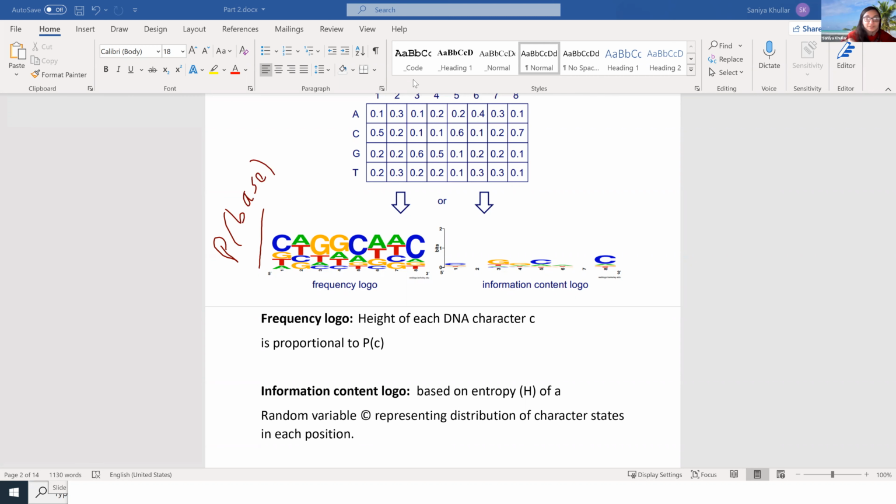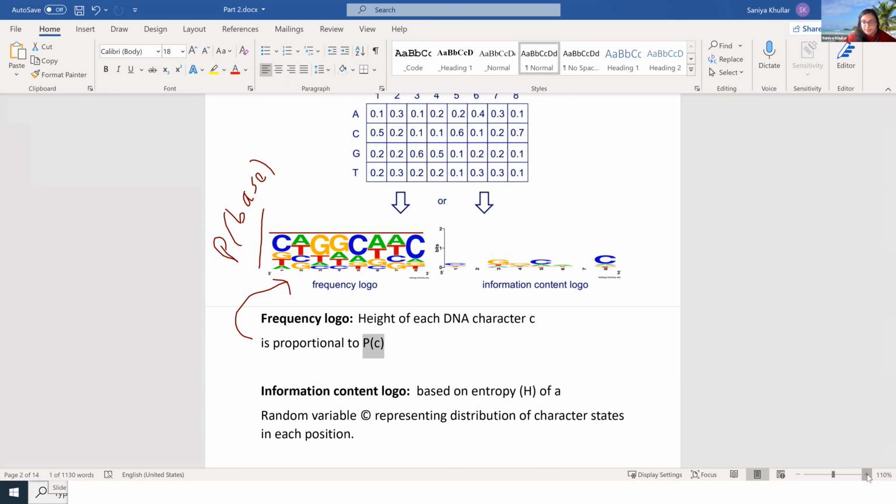So what you're going to observe is the same height. If you think of this all adding up to one, what piece of the pie do you get? Here, this gets a huge amount. So the height is proportional. That is what this frequency logo is telling you: the height is proportional to the probability of that base.